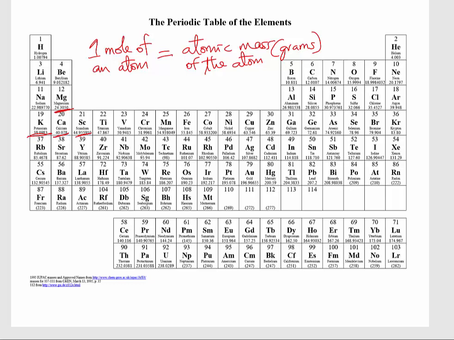What that means is that if, for example, I tell you to give me 1 mole of zinc atoms, if you look at the periodic table, what I'm saying is that you should give me 65.39 grams of zinc. If I tell you to give me 1 mole of mercury atoms, this is what I'm saying. Give me 200.59 grams of mercury.